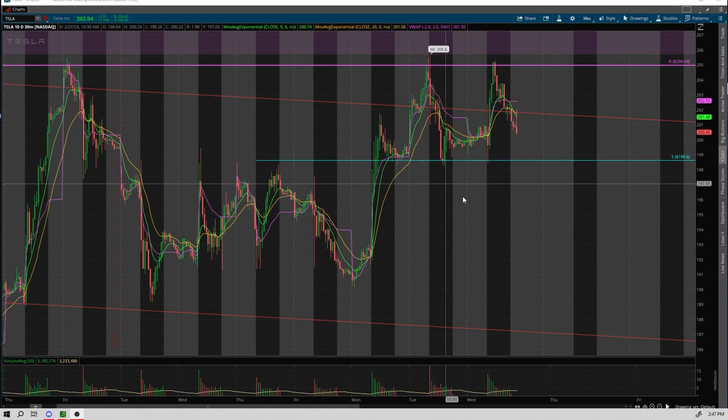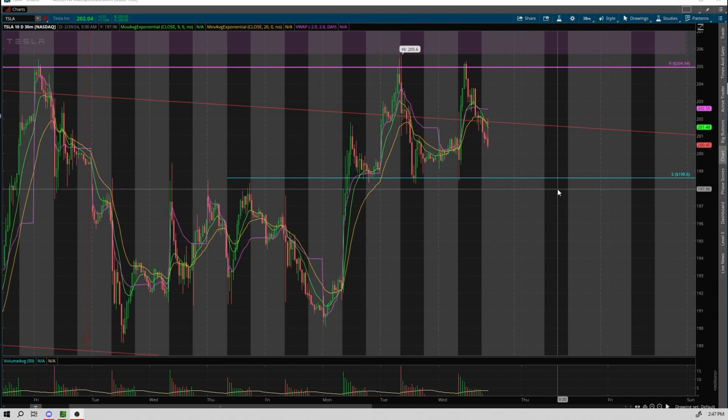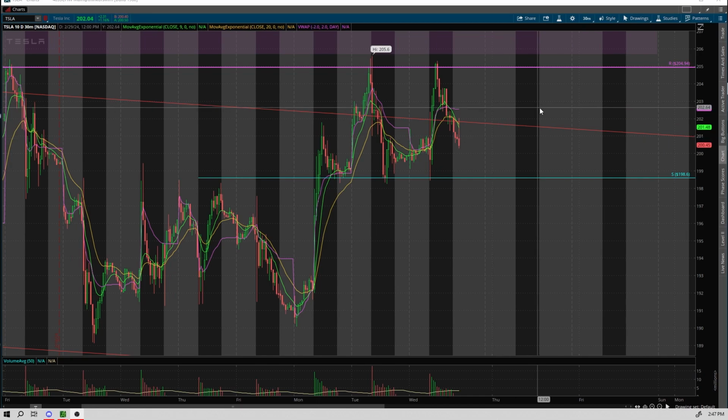So how I would play this for tomorrow is I'm going to be seeing if we can hold this 198.6 again for a move to the upside. All right, I'm going to want to come down to 198.6 and play the bounce for calls into a move above. Hopefully we can get above 205. And now I do see us filling the gap here pretty soon.